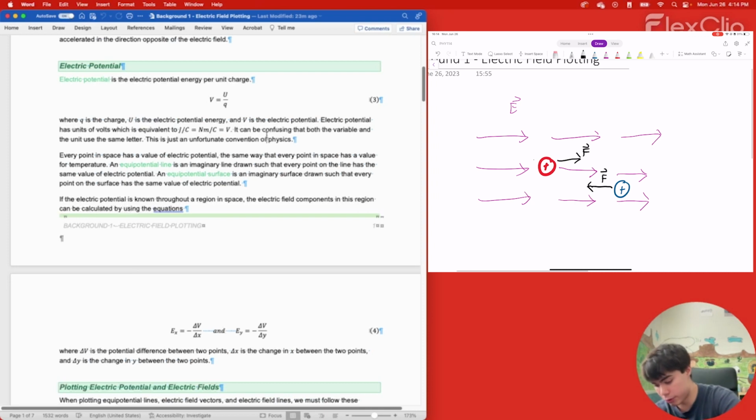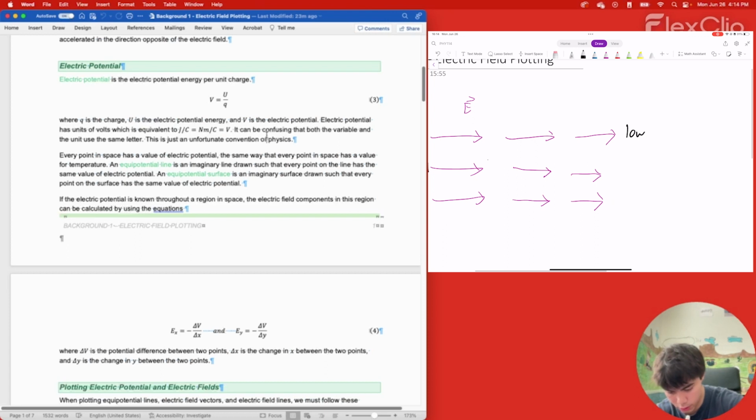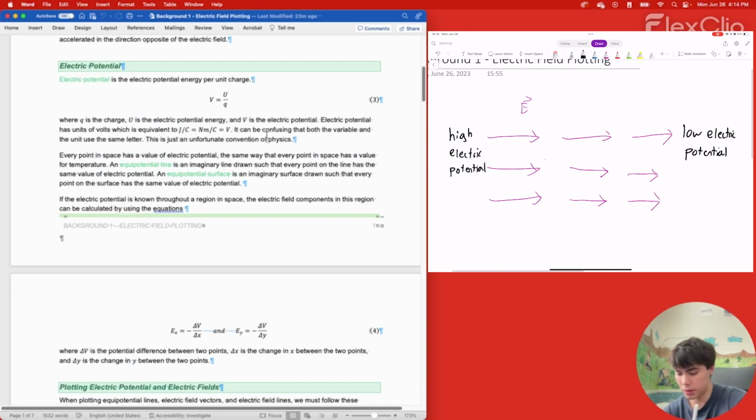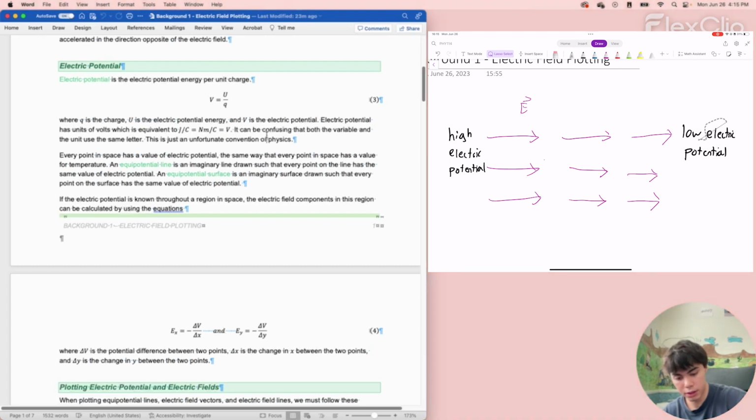So in this diagram, we would have a high electric potential on the left and a low electric potential on the right, because electric fields point from high electric potential to low electric potential.